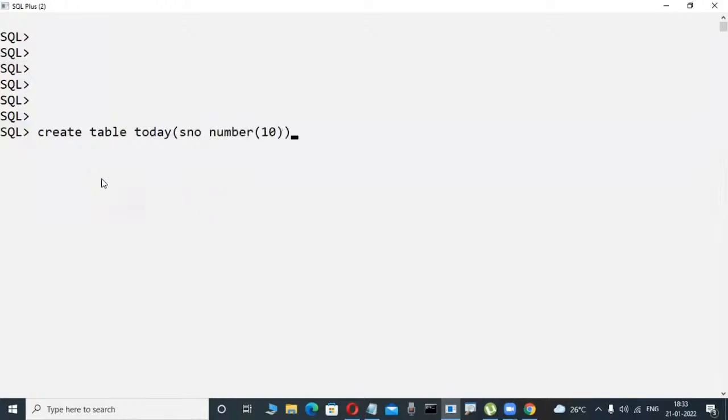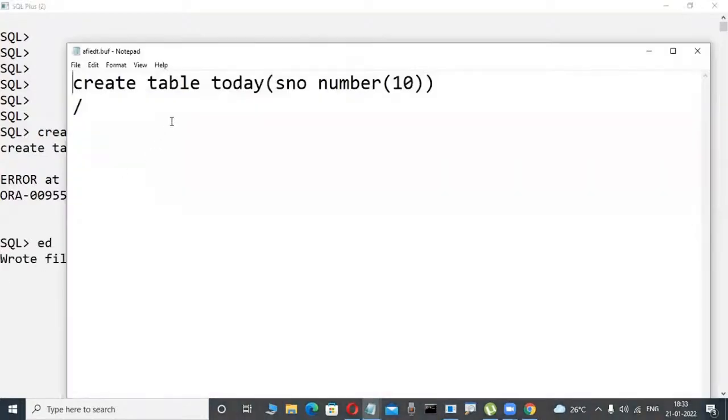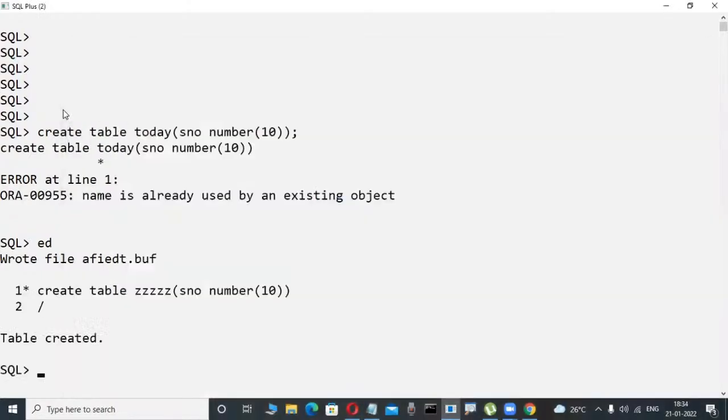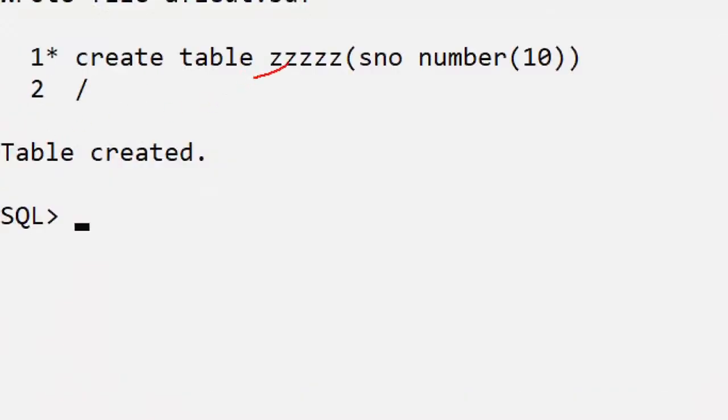Slowly observe it here, concentrate here. Suppose Z is a table. For example, I am creating it. Okay, fine, this table is created. Z is the name I am giving.